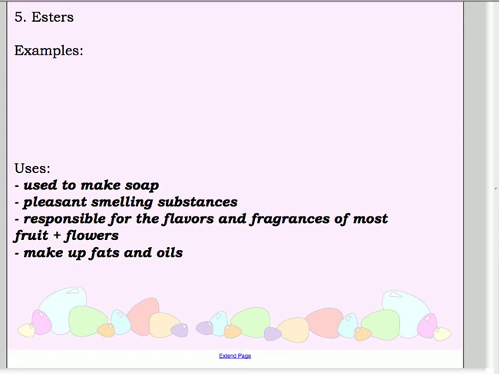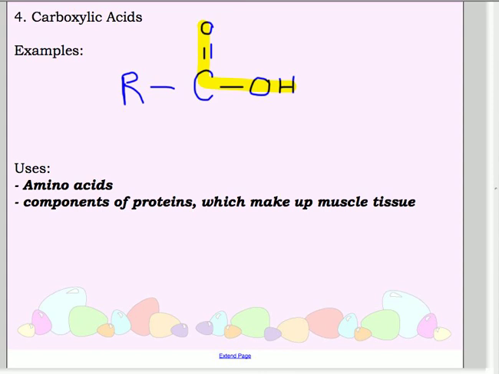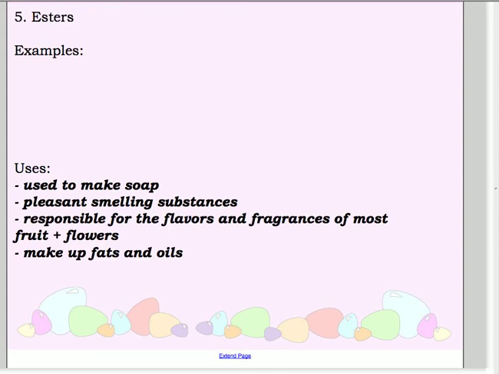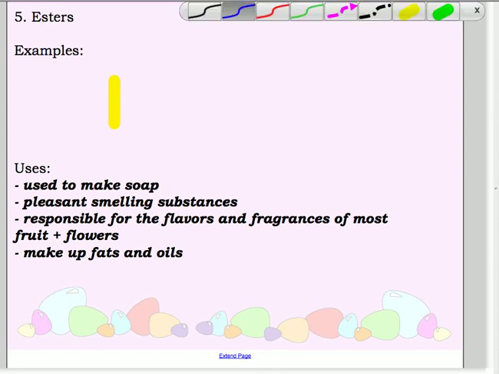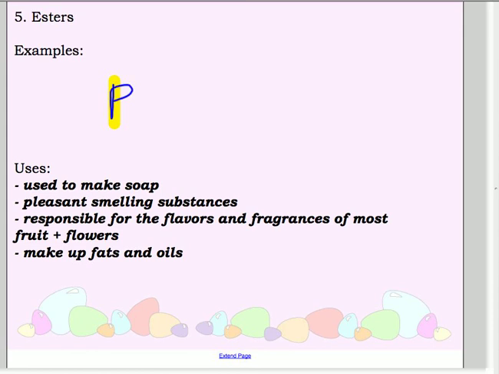Esters look like carboxylic acids that are not on the end. Carboxylic acids always end in an H here, while esters are basically stuck in the middle. So we have an R group, you have your carbon, you have your double bonded O, and a single bonded O. But then instead of it just being attached to an H and being the end, you actually have another R group with more carbons here.